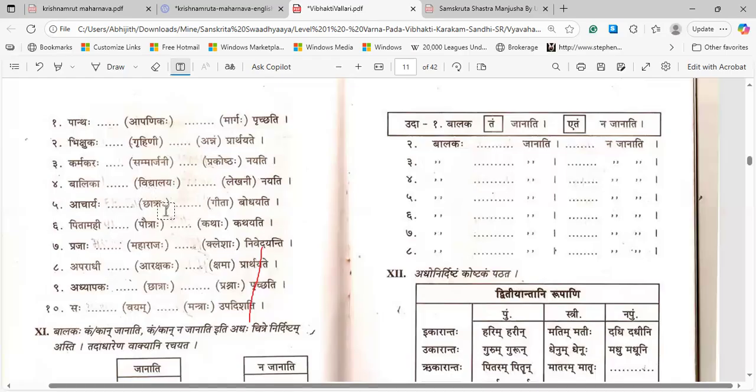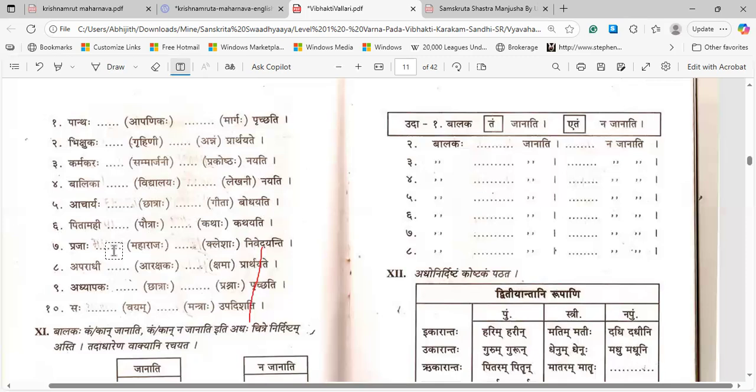Teaching the Gita to the students. So here it is not Shashti. Then Pitamahi pautran kathaha kathayati.